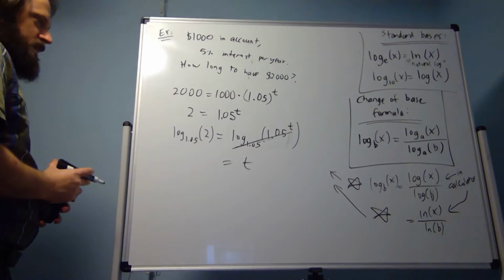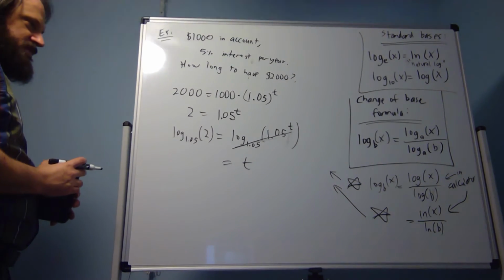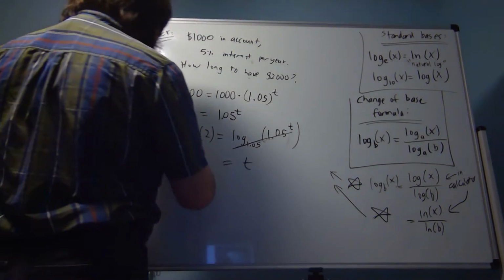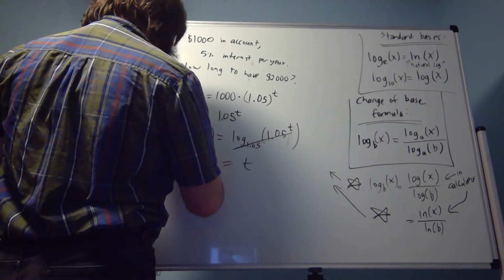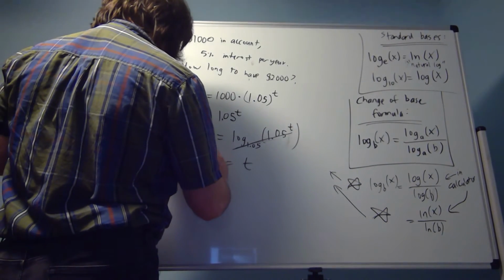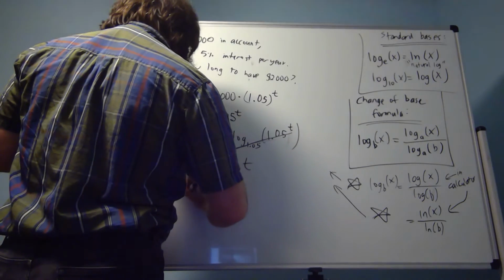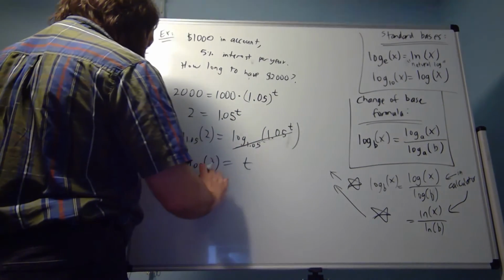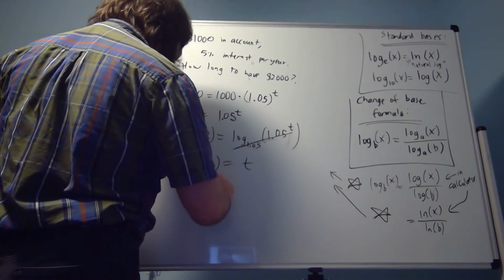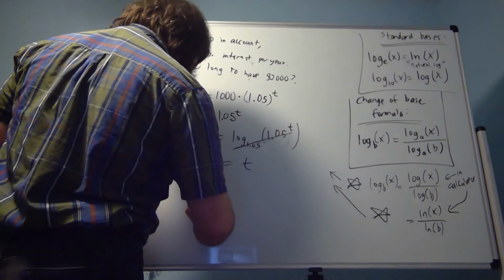You take log base 1.05, then the right hand side cancels, and here it's log of the value divided by log of the base.